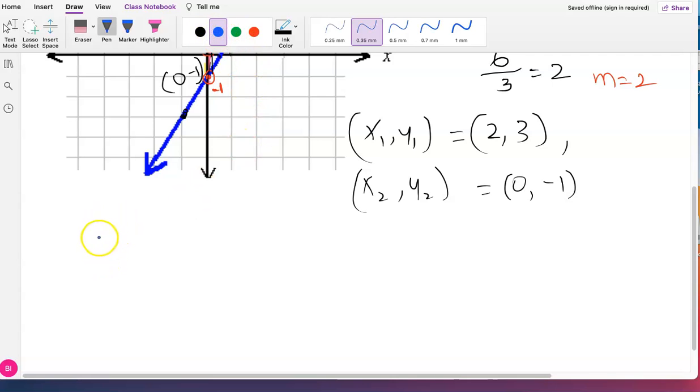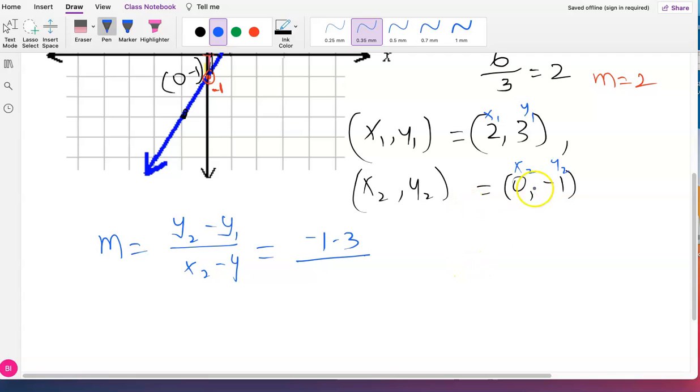And the formula for the slope m is equal to y2 minus y1 over x2 minus x1. Alright. So here, 2 is x1, 3 is y1, and x2, y2 is 0, negative 1. Now in this formula I'll substitute y2 minus y1, that is negative 1 minus 3, over x2 minus x1. x2 is 0 minus x1, which is 2.